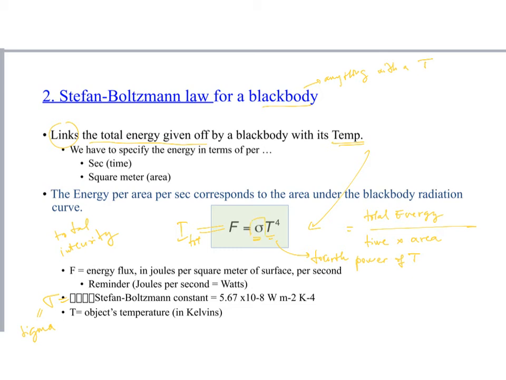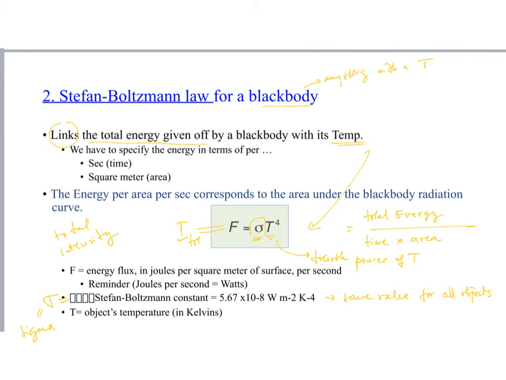That is a constant. So that is actually having the same value for all objects, regardless of their temperatures or anything. And the units now ended up kind of funky. So here's the real unit.